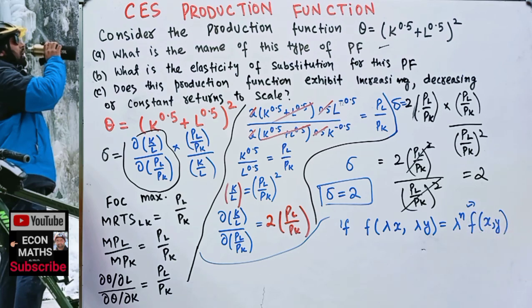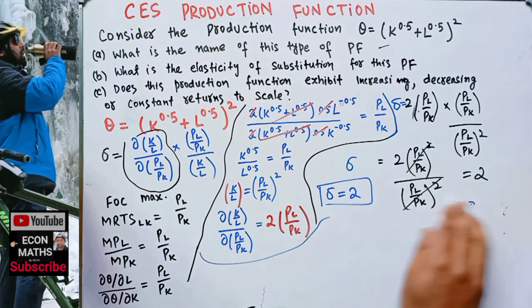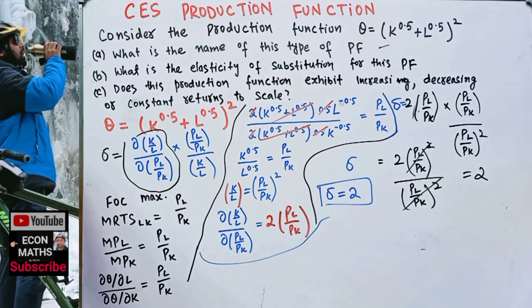Simply, if we multiply each input by a factor lambda, and we are able to take out this lambda from each of the terms, then we say this function is homogeneous. Now in our case, what is our production function?